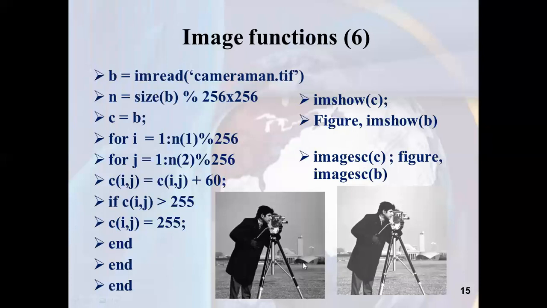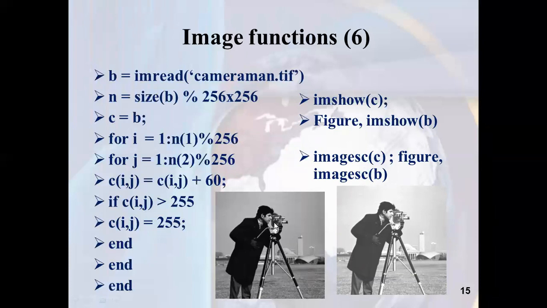This building is light gray, it becomes white because if it is, for example, 200, and we add 60, it becomes 260, which is beyond the maximum level of 255, which is the white color.